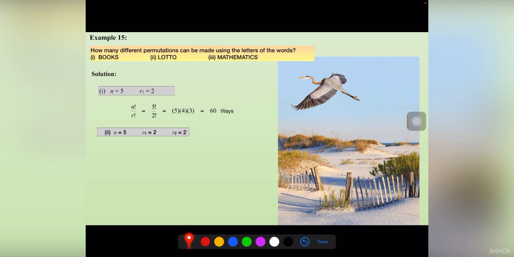Therefore, the number of arrangements of the word Lotto is n factorial over R1 factorial times R2 factorial, the repeating identical objects. So 5 factorial over 2 factorial times 2 factorial. So you have 5 times 4 times 3 over 2, and you have 30 ways.